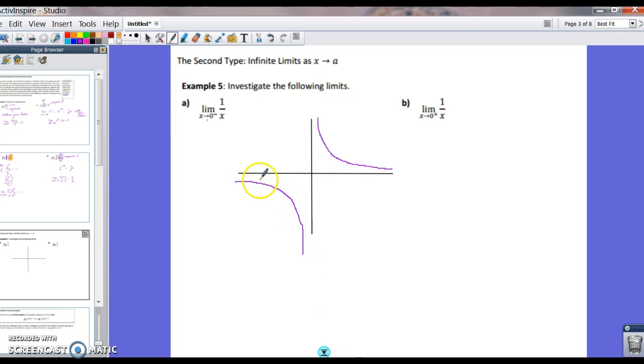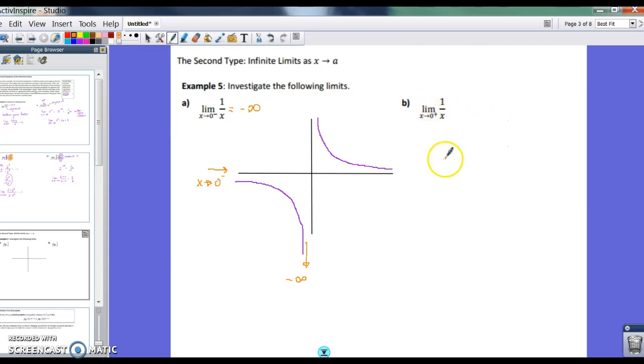Okay, that's the graph. So if I'm approaching 0 from the left, I'm going this way. This is x approaching 0 from the left. And as I'm getting closer and closer to 0, my function is heading this way. It's heading towards negative infinity. So this limit is going to be negative infinity.